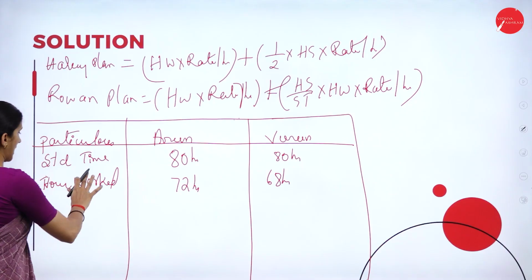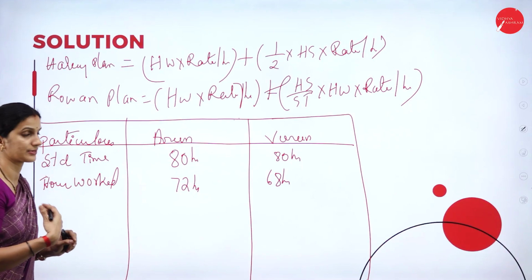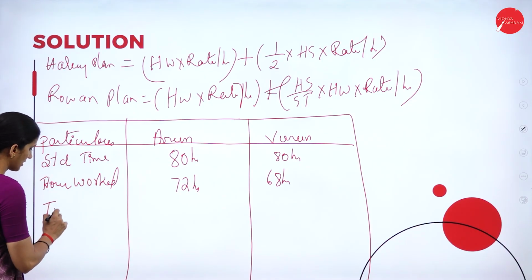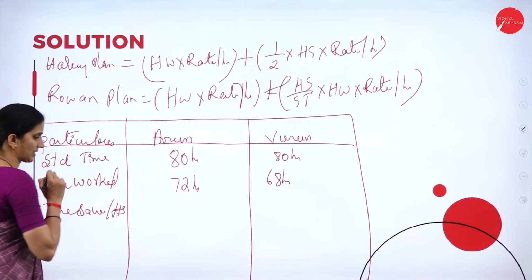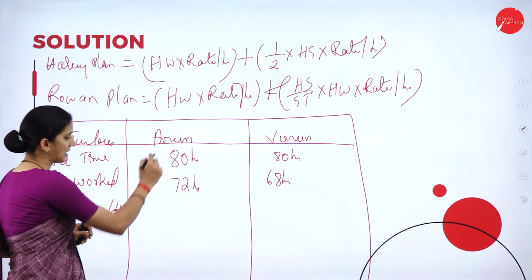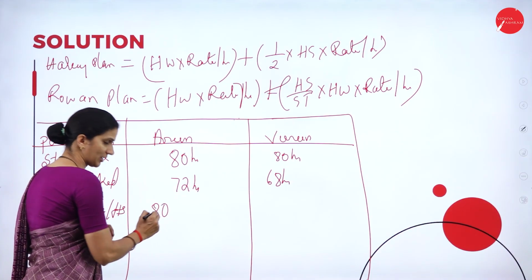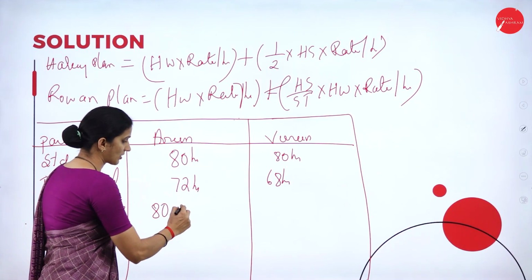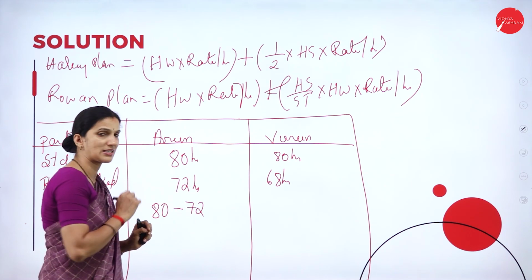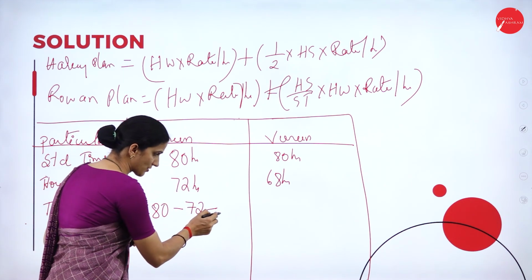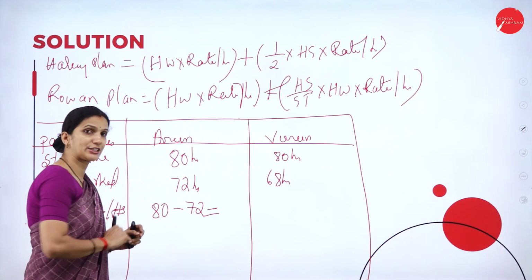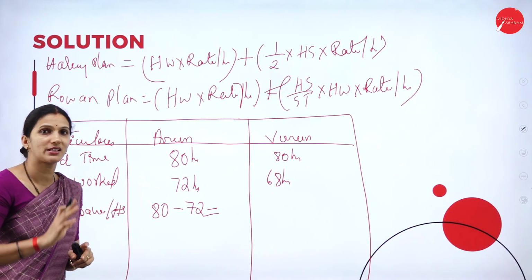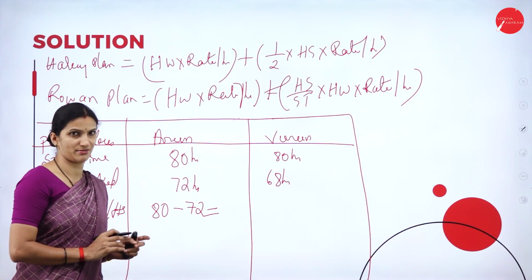So now you have the standard time and time taken. So now you can calculate the time saved or hours saved, right. How do we calculate? The standard time, that is 80 hours, minus the actual hours taken, 72 hours. That means Arun has completed the work in 72 hours, but the time given is 80 hours.